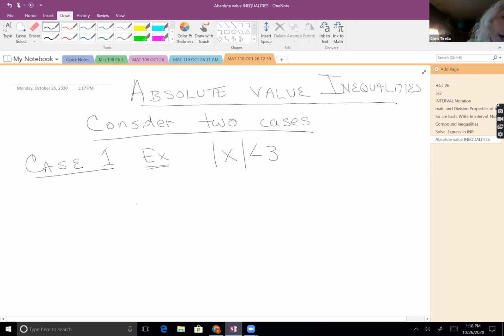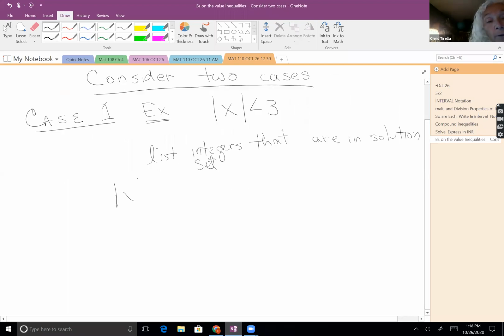If I tried to list the integers that are in the solution set, absolute value of x is less than 3. Could x equal 3? I don't think so. We get 3 is less than 3.